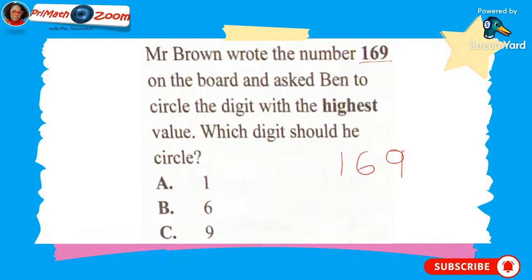June Plum says 9 is the greatest value in 169. But why? Norman says 1 because it's in the 100 position. Damario says 1 is 100. Pauline says 1 because it's in the 100 position.